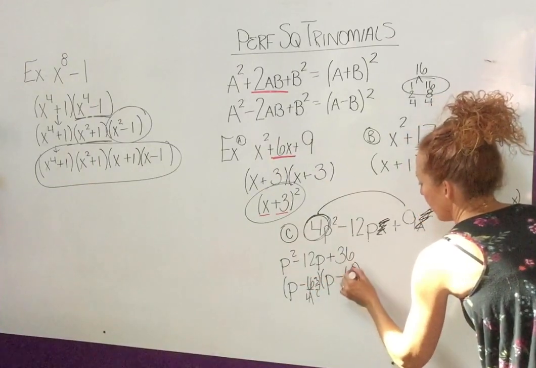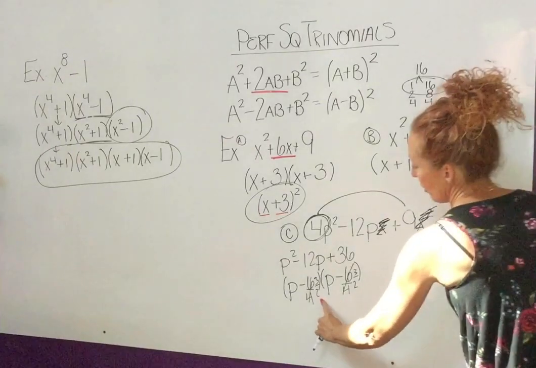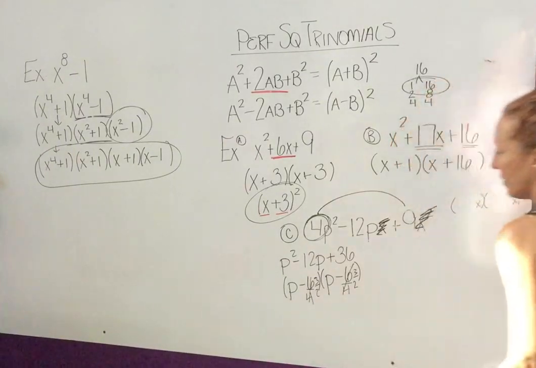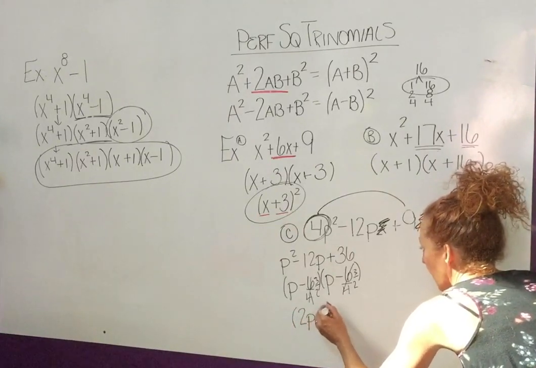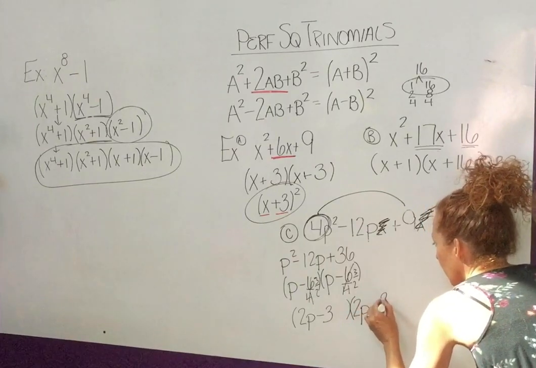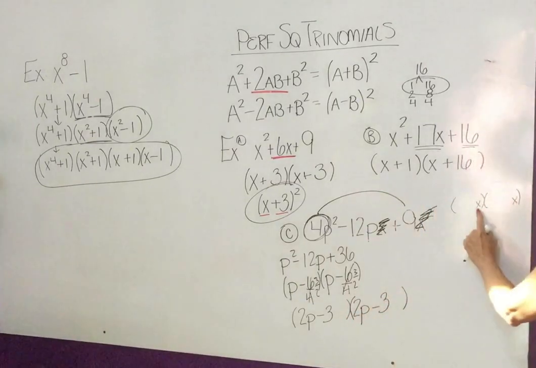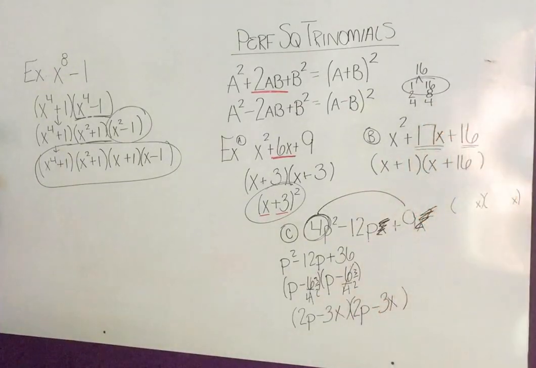Since I've already been through this lesson, I'm kind of just scribbling here. That 2 is going to slide out in front. And so this is going to give you 2p minus 3 and 2p minus 3. And don't forget that you have to put those x's in the back there.